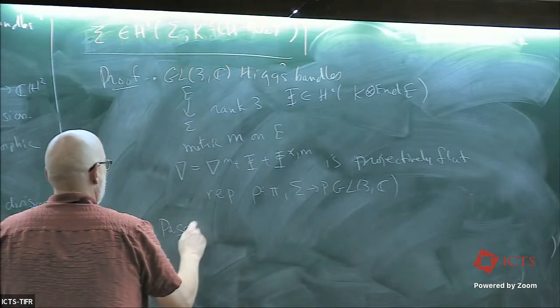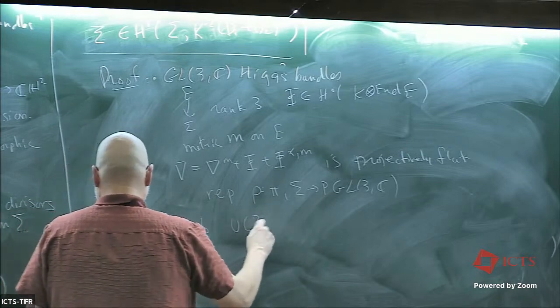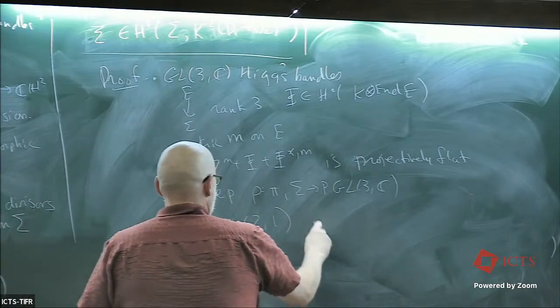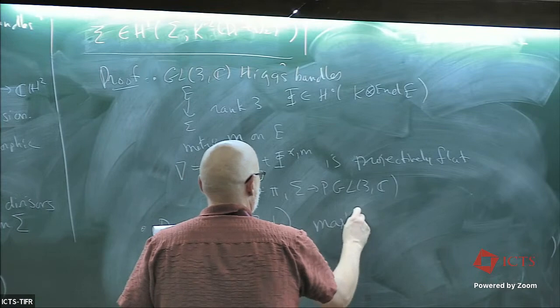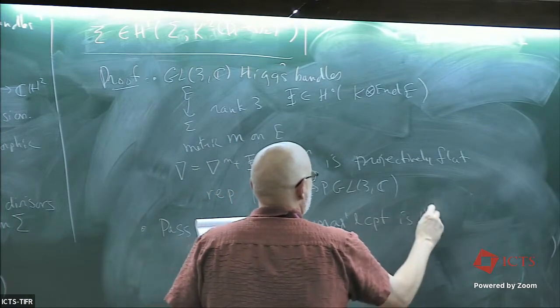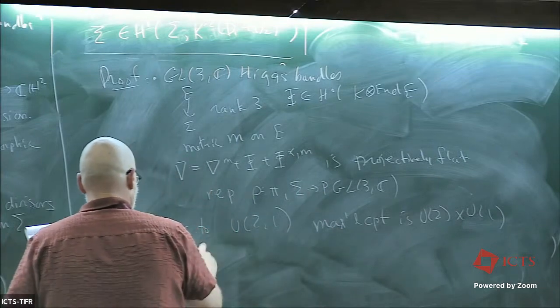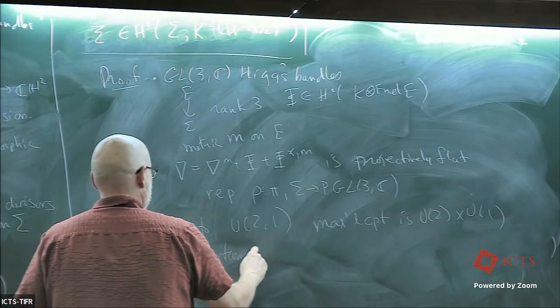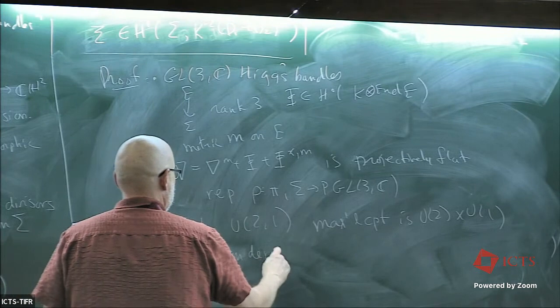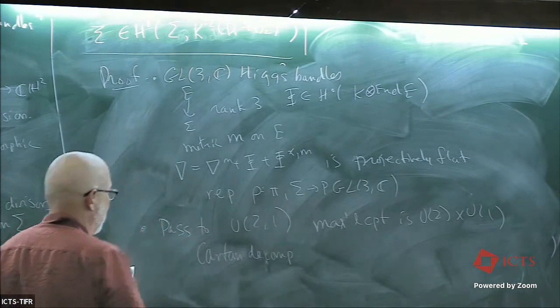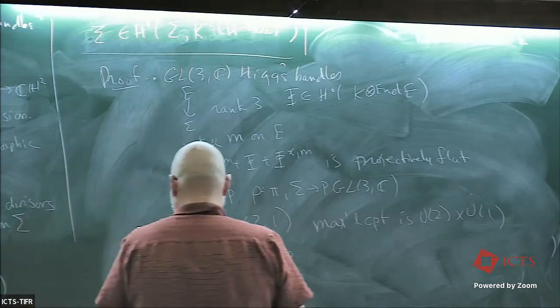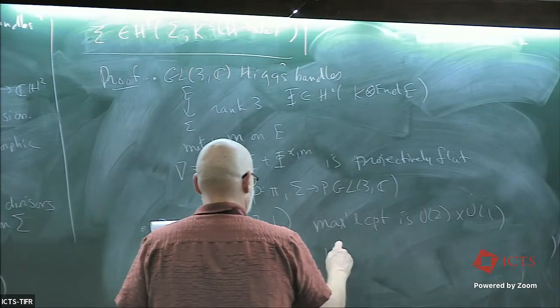So we can pass to U21, and in this case, the maximal compact is U2 cross U1, and we have a Cartan decomposition, or an analog of the Cartan decomposition.